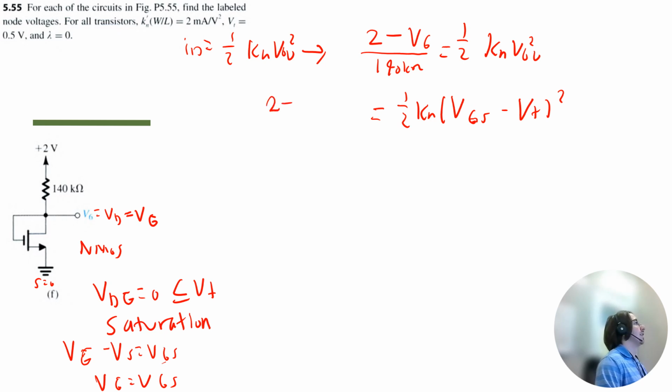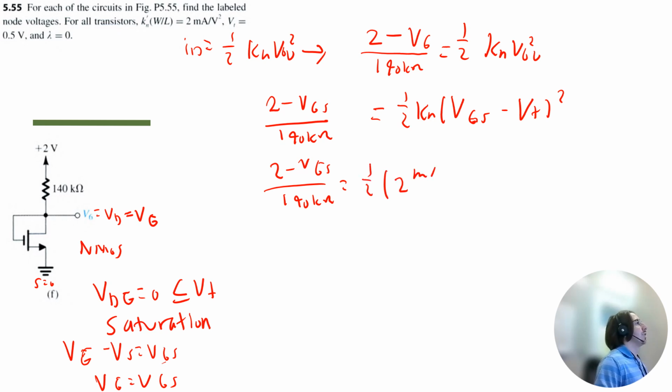So we can do 2 minus VGS divided by 140 kiloohms. So let me just go ahead and plug in all of our values. So it's equal to 1/2 times 2 milliamps per volt squared times VGS minus 0.5 volts squared. Okay. So now we just have to solve for VGS. So I'm going to multiply this 140 kiloohm to the right side. And milliamp is 10 to the power of negative 3, and kiloohm is 10 to the power of 3.